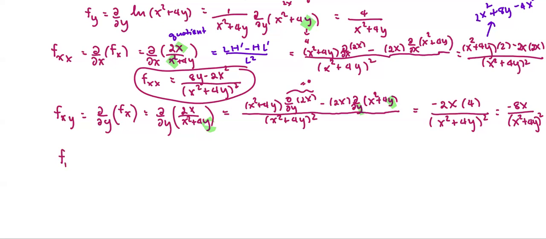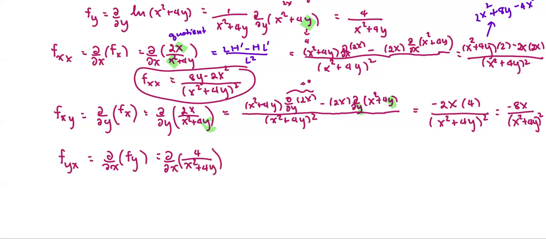Next one, f_yx, which is the partial derivative with respect to x of f_y, or the partial with respect to x of 4 over x squared plus 4y.